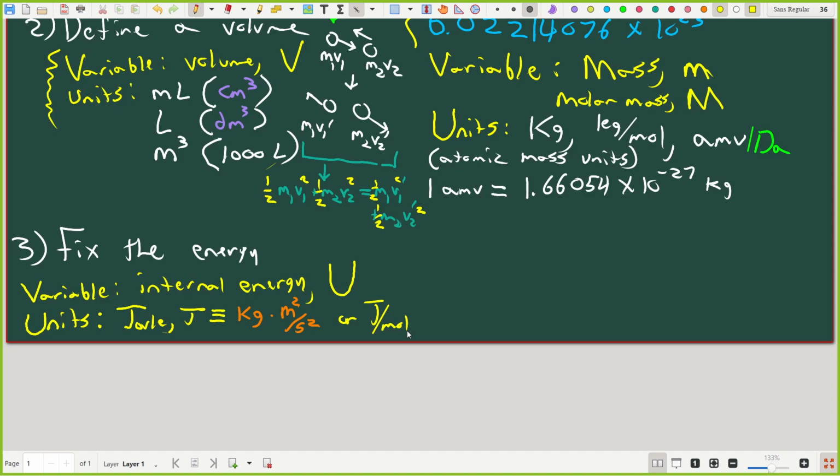Okay, so it turns out this is almost everything we need to define the box. We know something about the particles in it, something about the box itself, and something about the energy. And you might be thinking, well, I've got a box in my room, and it's really hard for me to measure the energy of the particles in that box.